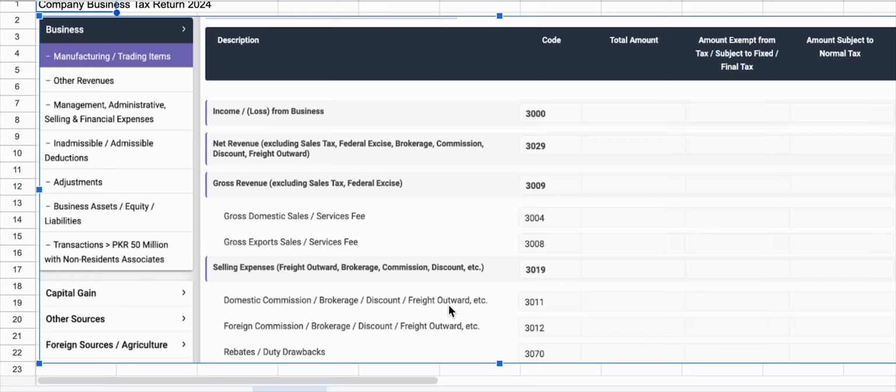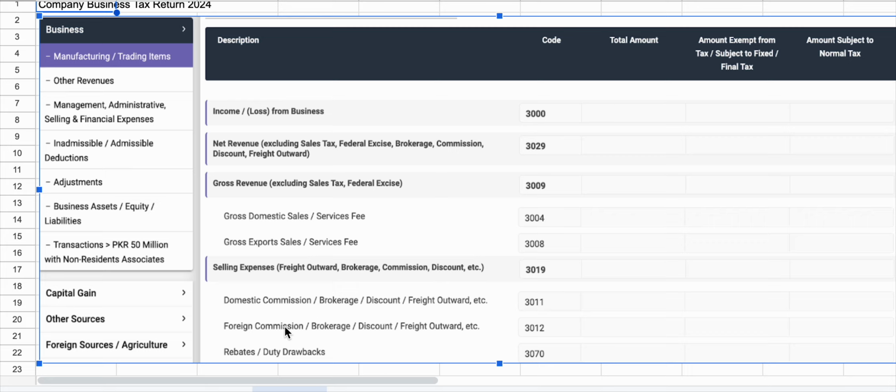The direct charges, like in Foodpanda or Bykea, you can see they show you directly how much they will charge, 100 rupees or 500 rupees, to send that to your office or home address. All those exact things, if they are paid in Pakistan, will come here in this column, code 3011, regarding all those expenses directly paid by you for making a sale or providing the product or service to the customer.